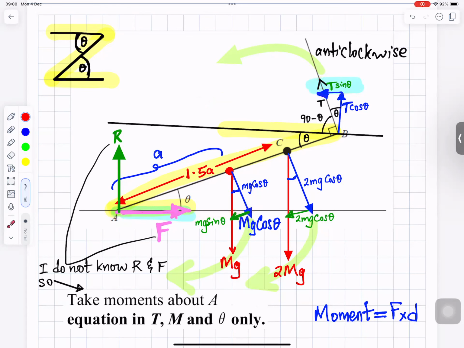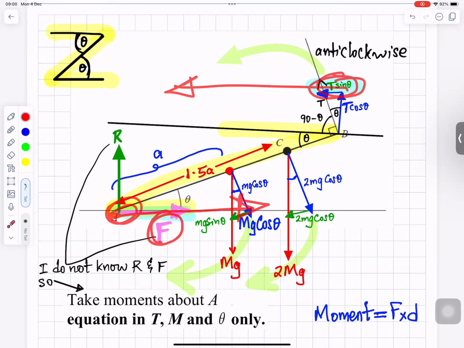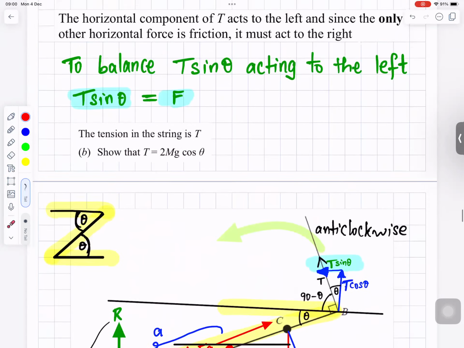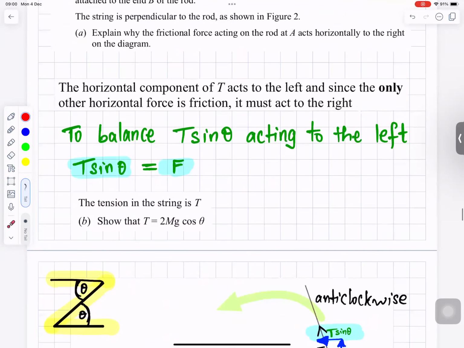So you can see the red line there. The force acting towards the left is T sine theta. And this one acting towards the right is F. Because the system is balanced, what is acting to the left has to be equal to what's pushing to the right. So that means T sine theta equals F. And if we go back to part A, explain why the frictional force acting on the rod at A acts horizontally to the right on the diagram: to balance T sine theta acting to the left.